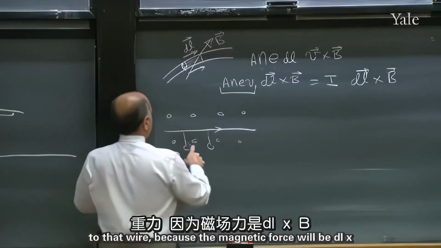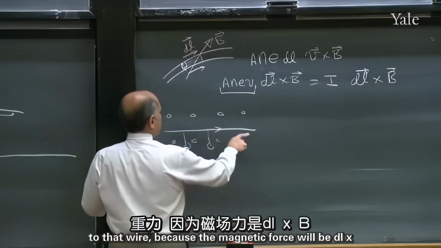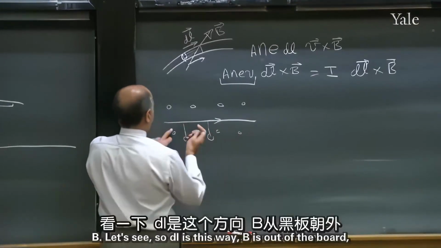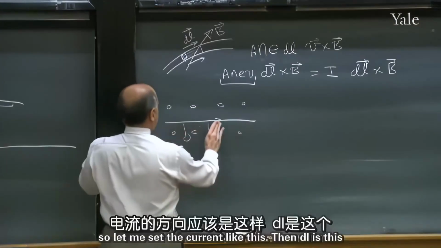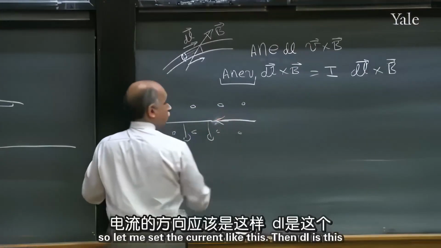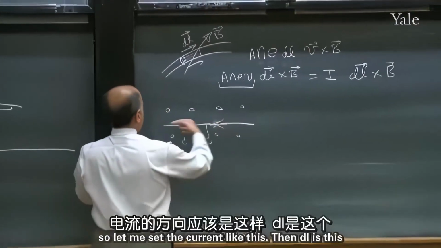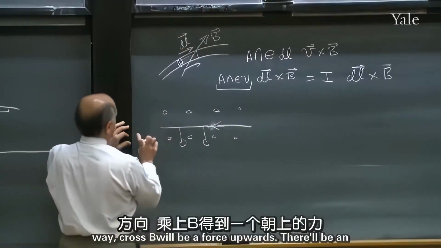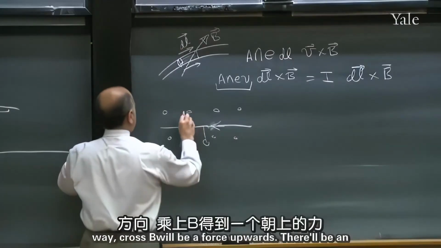Because the magnetic force will be I dl cross B. Let's see. So dl is this way. B is out of the board. So let me send the current like this. Then dl is this way. Cross B will be a force upwards.